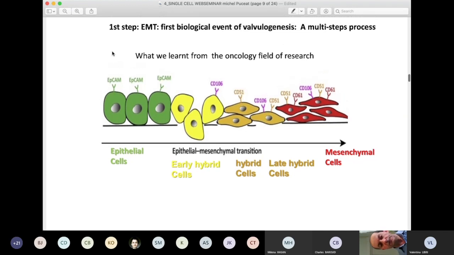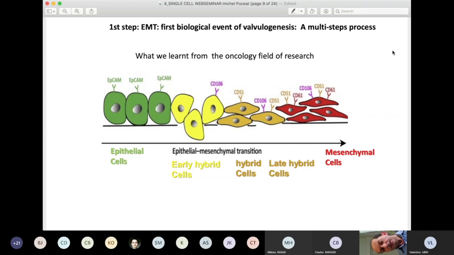The epithelial cell does not become a mesenchymal cell in one step, but in multiple steps. We know this from a lot of papers and research from the oncology field, because EMT is a process at the origin of metastasis in cancer. People study this very extensively, and we know now that there are different stages.